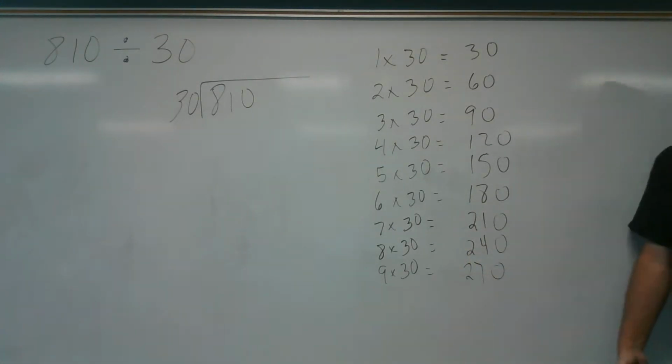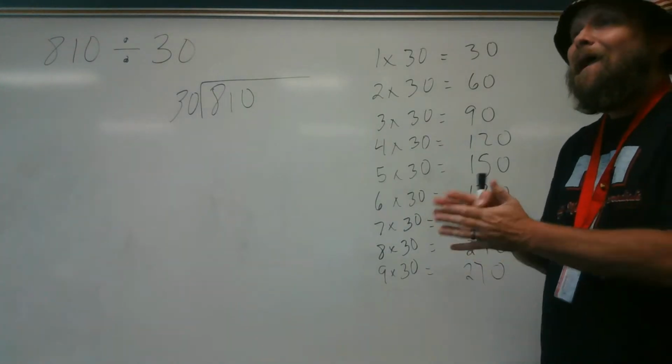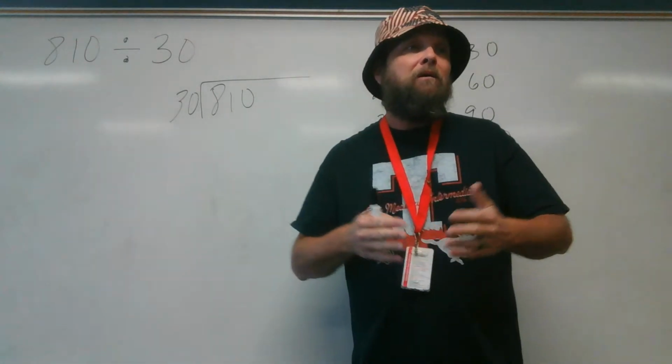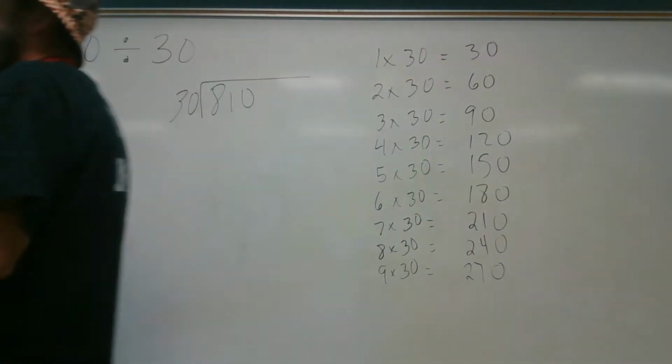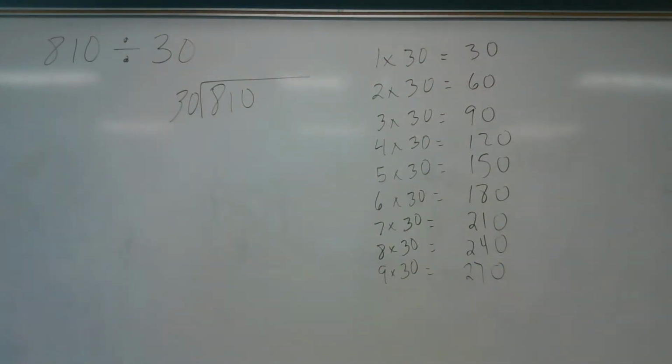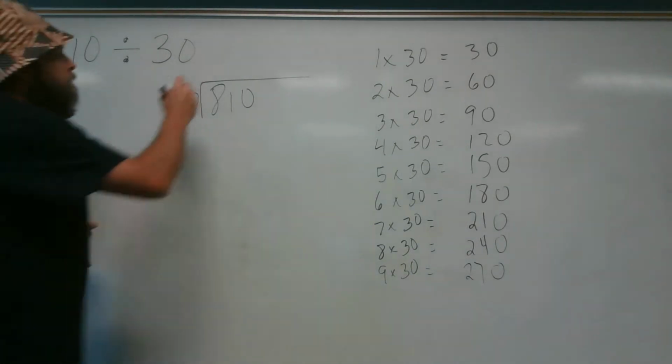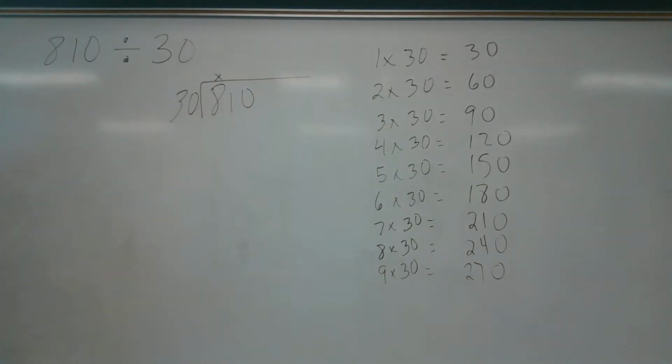Now I did have a couple people say, okay, what do I do next? And they had the multiples down so I could help them. Marilyn, let me ask you a question. Does 30 go into 8? No. Marilyn, does 30 go into 81? Yes.